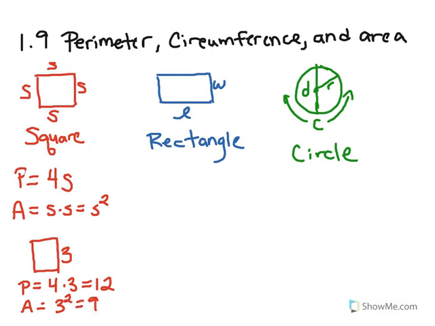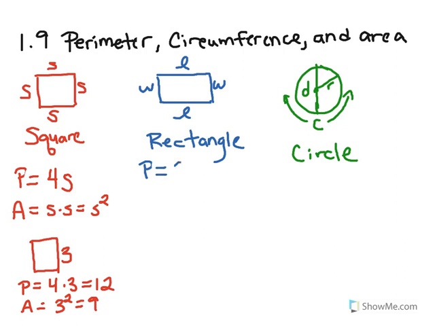All right. Let's take a look at a rectangle. In a rectangle, we use L and W, length and width, because the sides are not the same length. Now, in the blue picture, this W that's already here is the same length as this W here. And then the lengths are going to be the same as well. And in order to find the perimeter of a rectangle, we are going to, once again, add up all the sides.